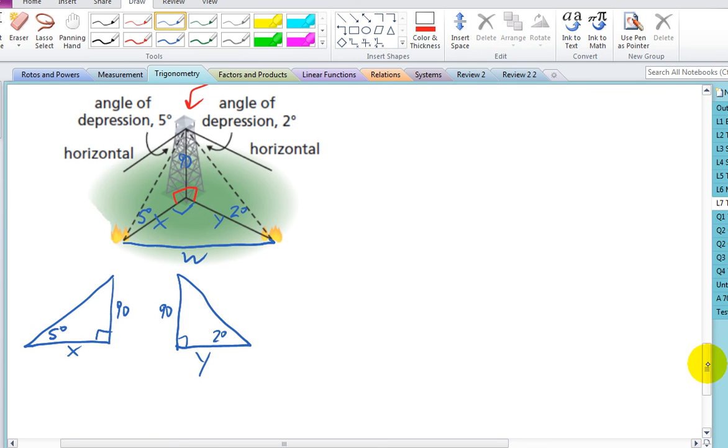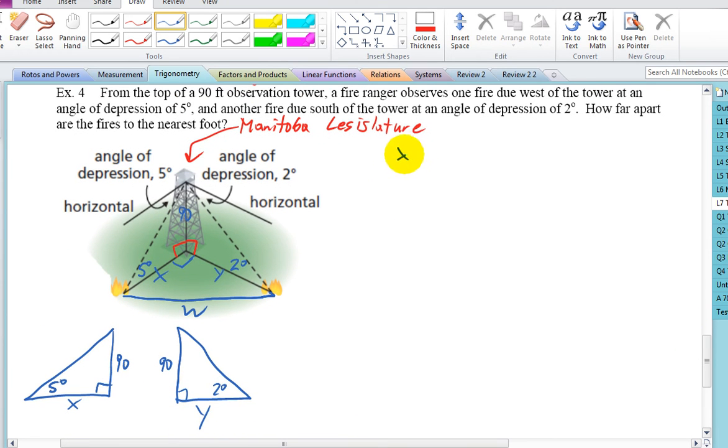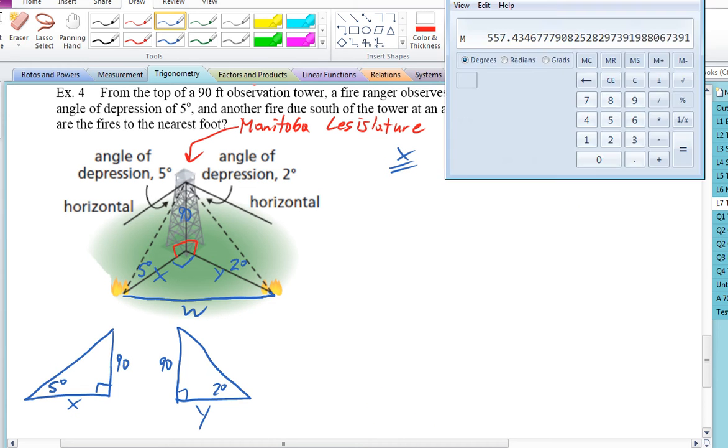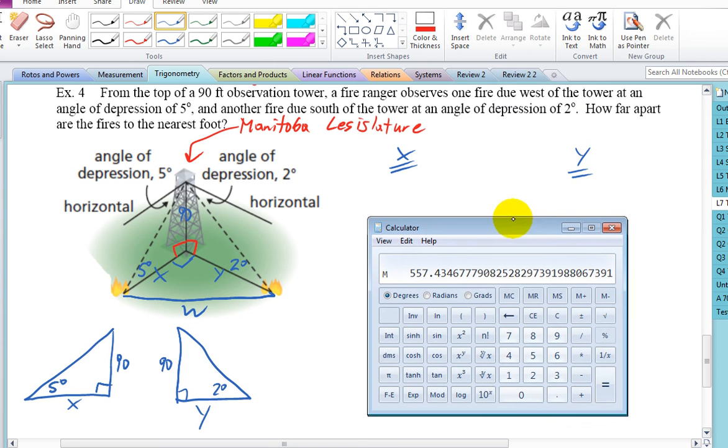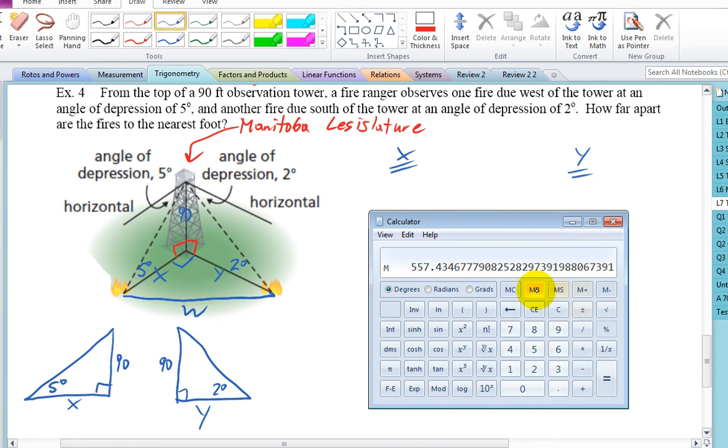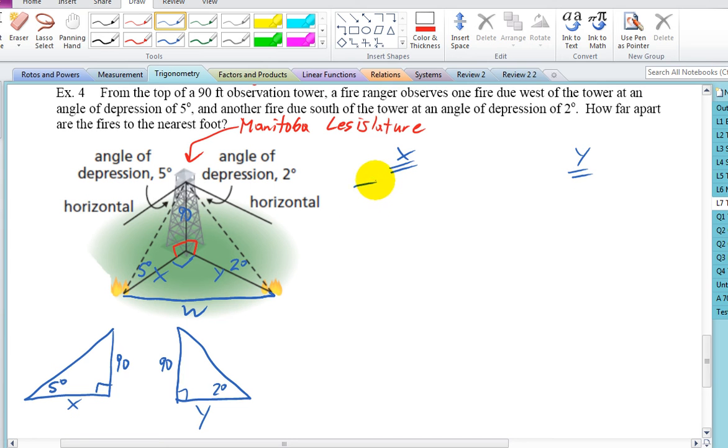So, up top over here, please find x, and please find y. Now, keep the numbers in your calculator. Use your memory button to help you. Just press M+, and it will be stored in your memory. So we're going to have to use a tangent function.